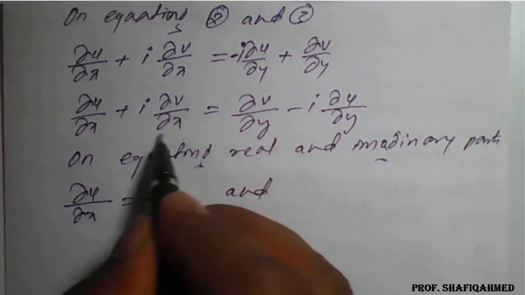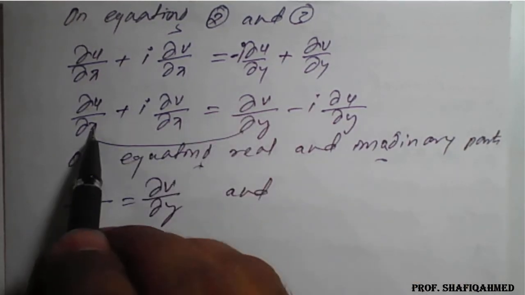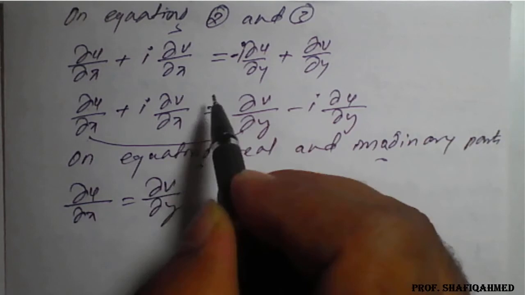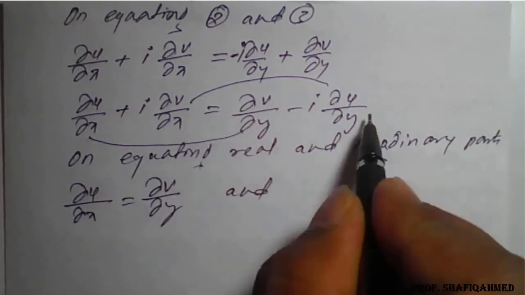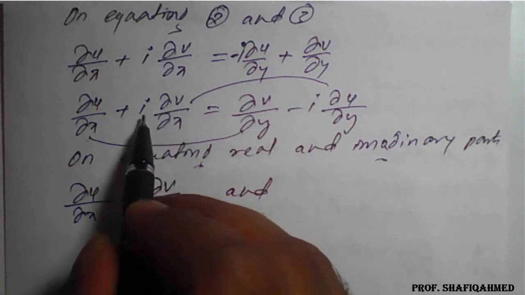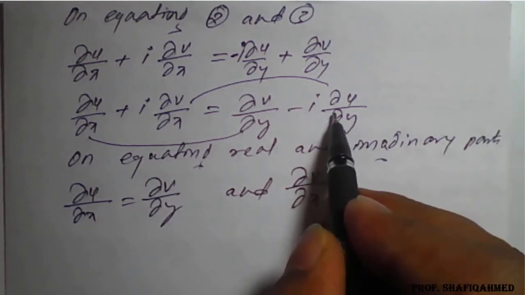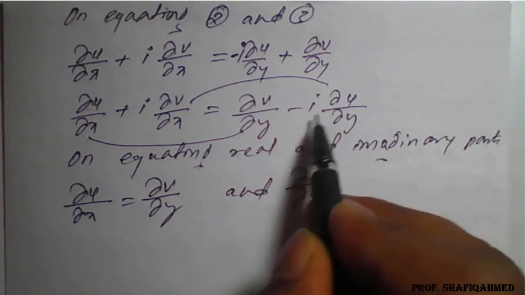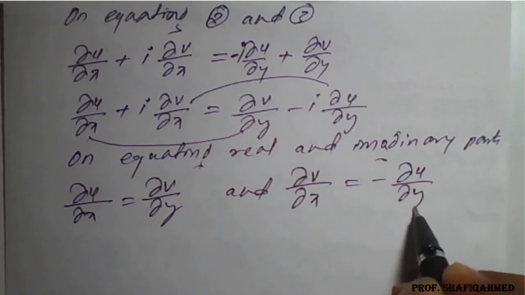For the imaginary part, leaving i, the coefficient of i on the left is dou v by dou x, and on the right the coefficient of i is minus dou u by dou y.